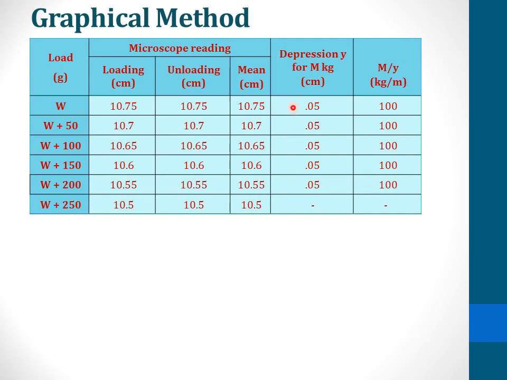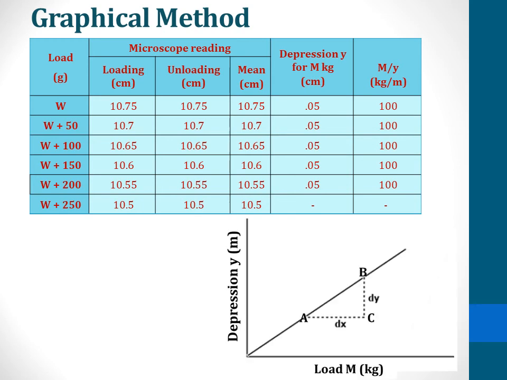In our case, the depression has been calculated for a mass of 50 grams by taking the difference between every two consecutive readings. From here, we proceed on to find m by y, and the mean m by y value is found out. Using the load value and the corresponding depression, a graph is drawn. The graph we obtain is a positively sloped line from which the slope BC by AC is found.